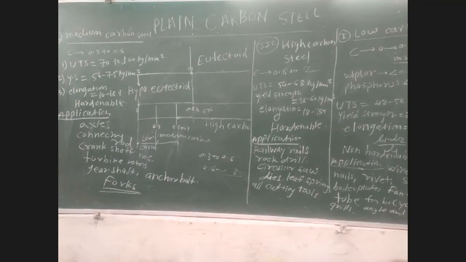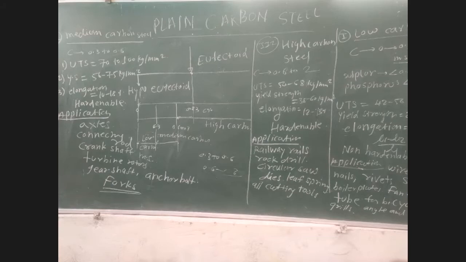Ultimate tensile strength for low carbon 40 to 50. Yield is there, elongation is there. Similarly, if you see medium carbon steel, ultimate tensile, yield and elongation is there. And after that, high carbon steel, 0.6 to 2%. Ultimate tensile is given, yield is given, elongation is given, and after that application.